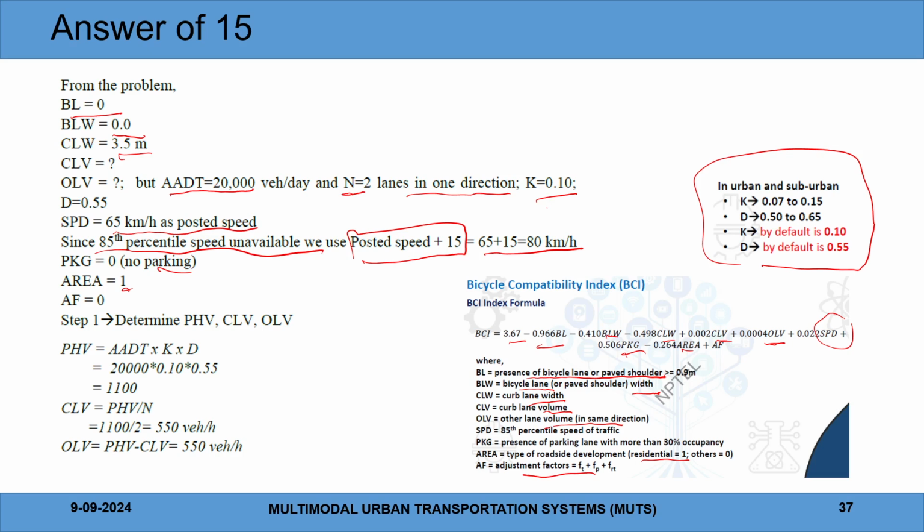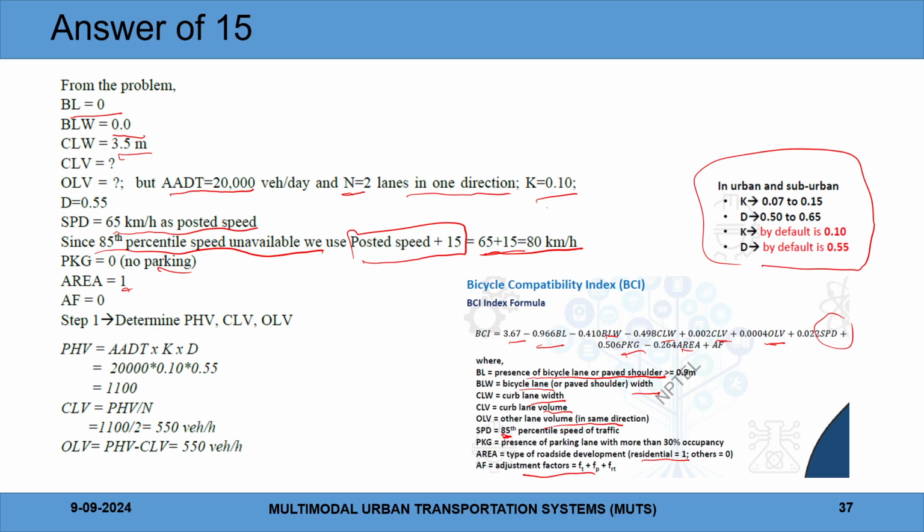That's why in this case we have added it, but if the 85th percentile speed is already given, then we don't need to add this 15 kilometer per hour.